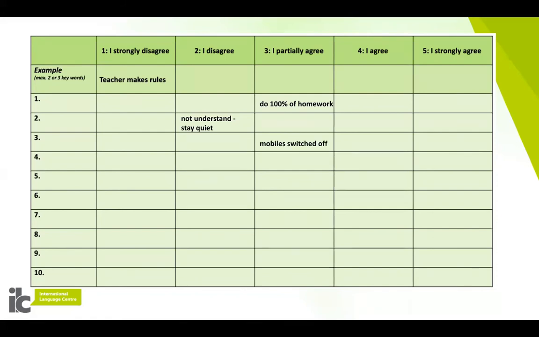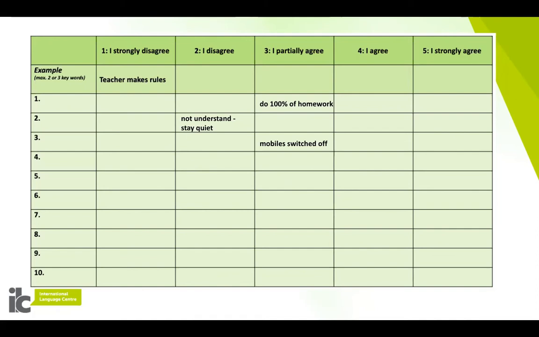Again, the student might partially agree with you or agree with you. After you've dictated 10 rules, you invite them to work with their partners and to discuss and agree on a rule.